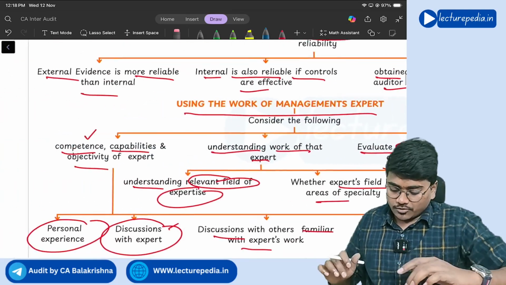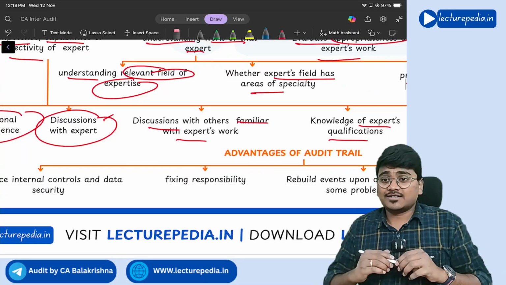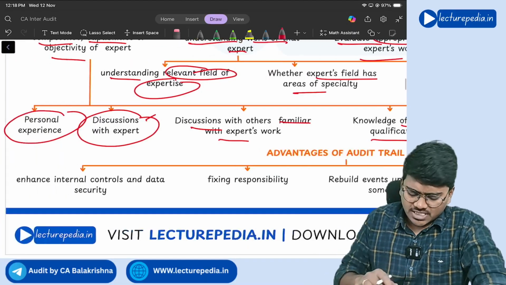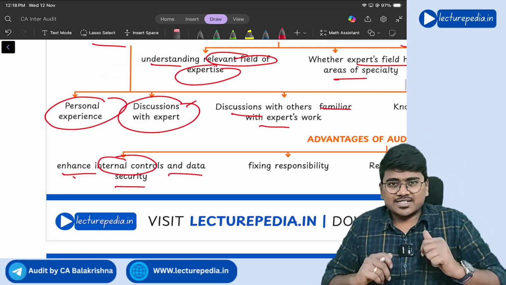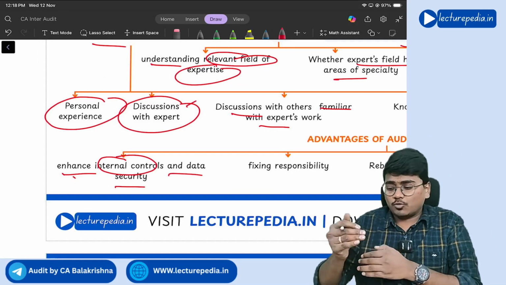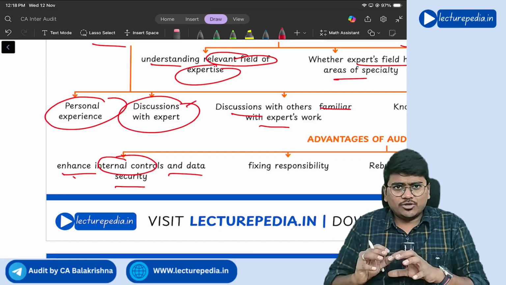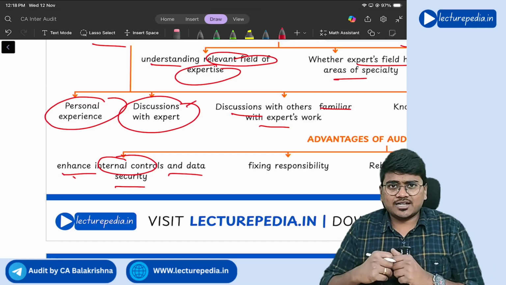So now we will see some of the advantages of this audit trail. Firstly, it will enhance internal controls and data security. I explained to you what is meant by audit trail. Now tell me, can audit trail be called an internal control?